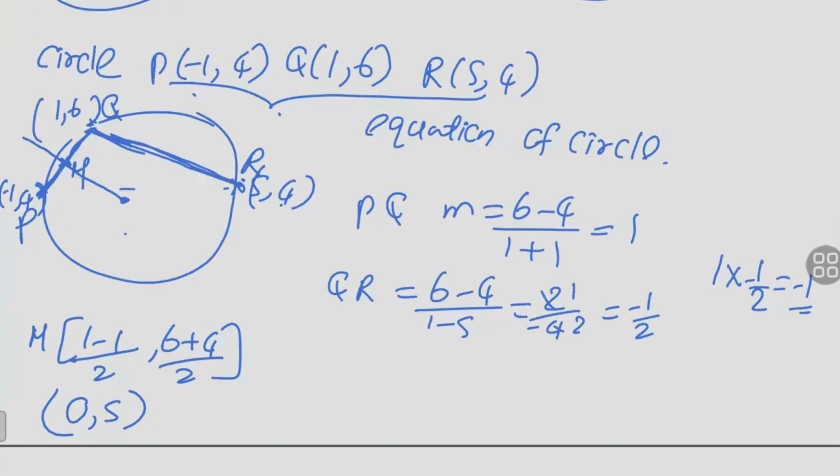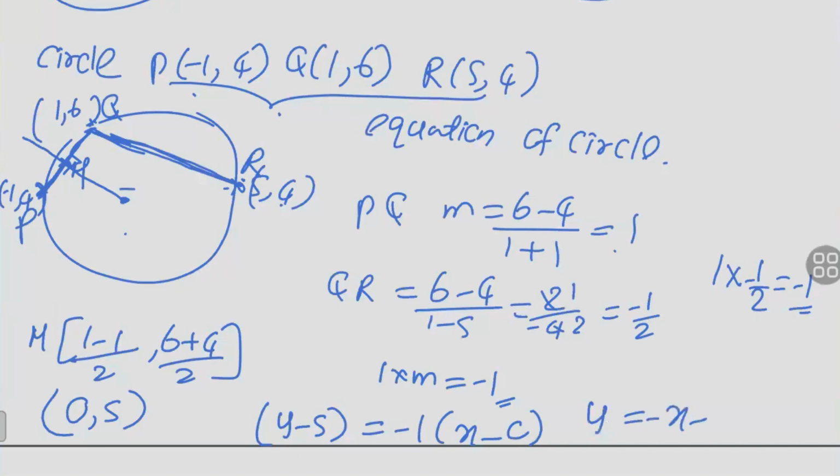Now the midpoint is found and the PQ gradient is 1, so the perpendicular line gradient satisfies 1 into m equals minus 1, so the gradient is minus 1. Then we can write the equation: y minus 5 equals minus 1 into (x minus 0), so y equals minus x plus 5.